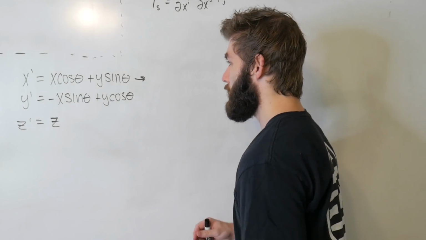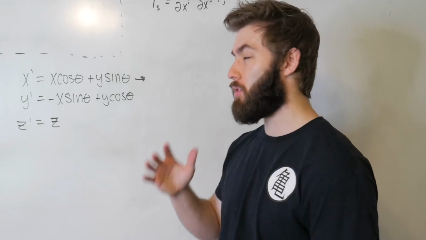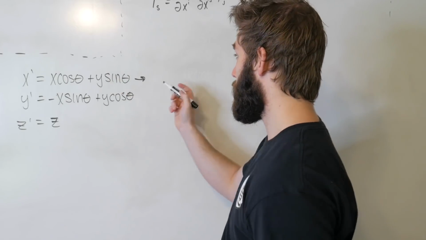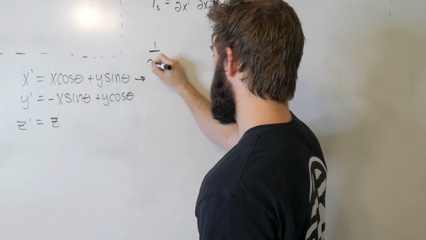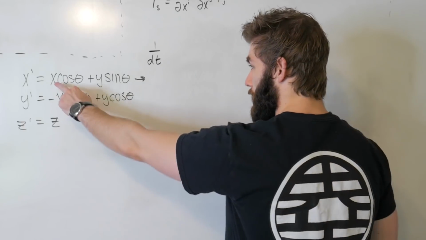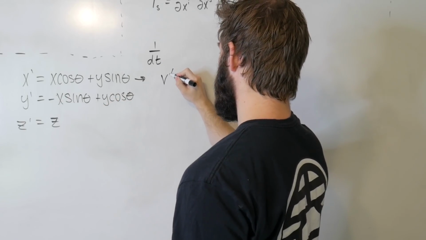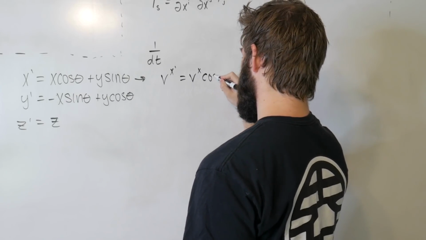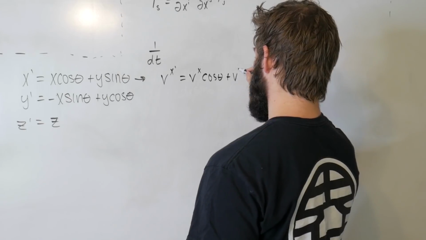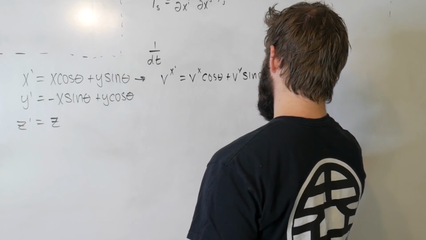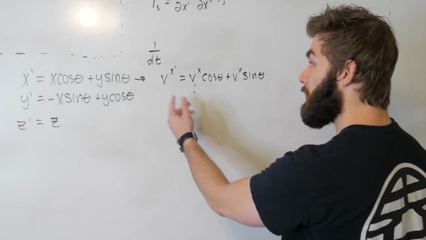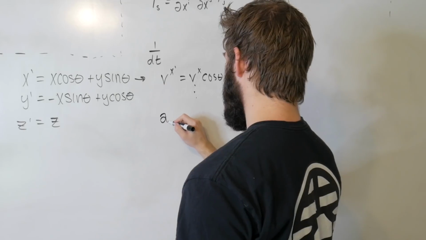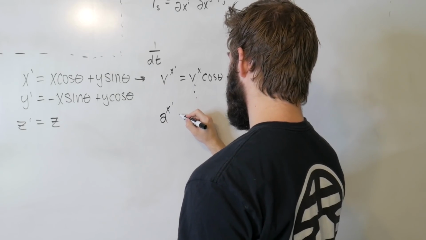Now that we showed that, we can take another invariant quantity in classical physics. We can take the concept of time and multiply these equations by 1 over dt. And when we do that, this whole thing becomes Vx prime equal to Vx cosine theta plus Vy sine theta, and a similar process for those ones. And we can do this again. We can divide this equation by dt, and we can get an expression for the acceleration in the x prime direction.